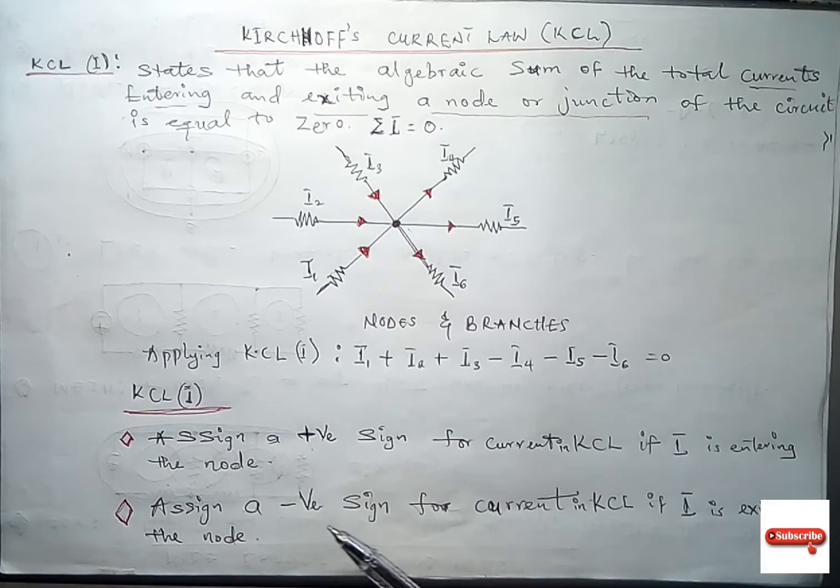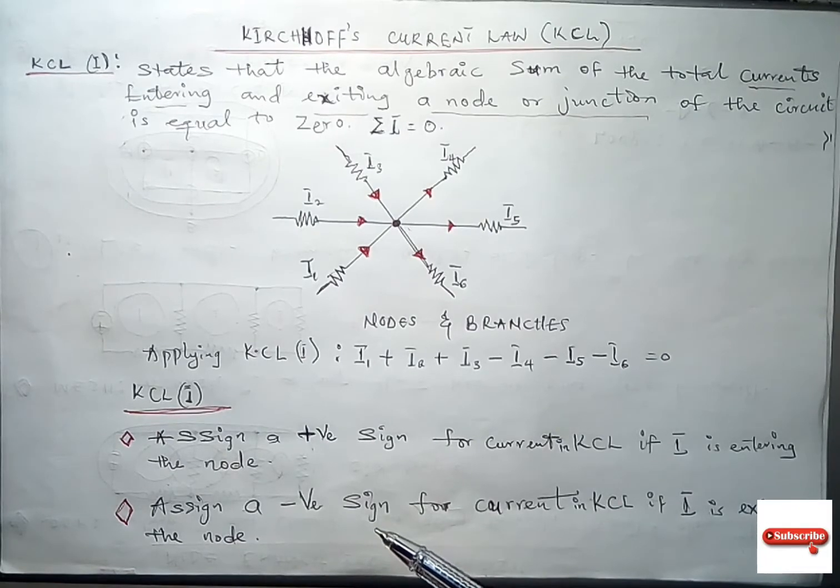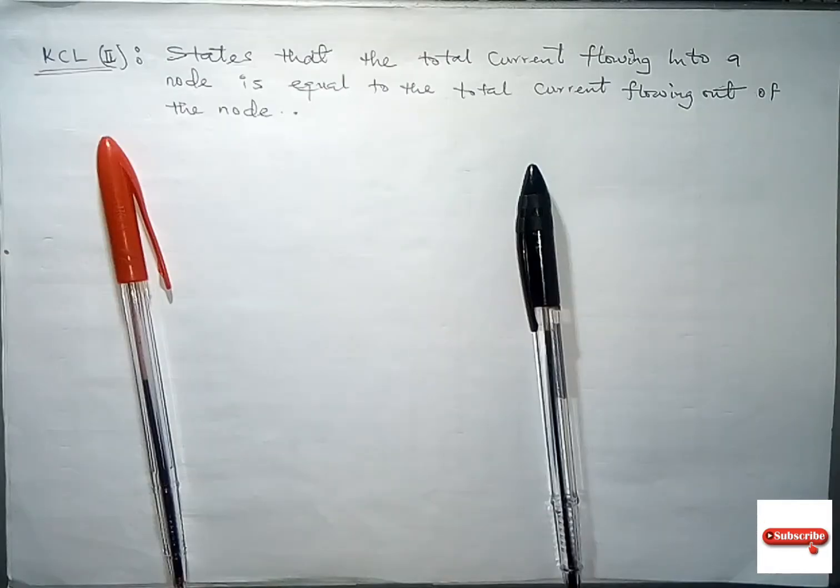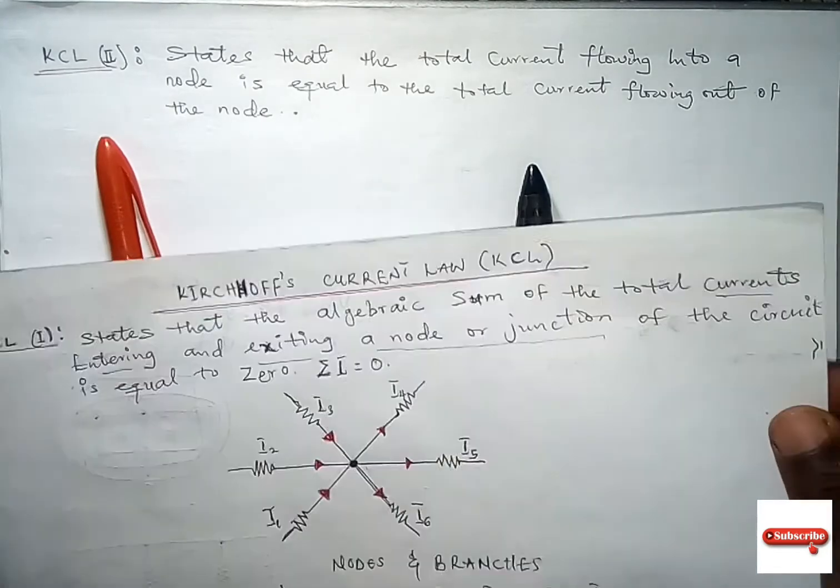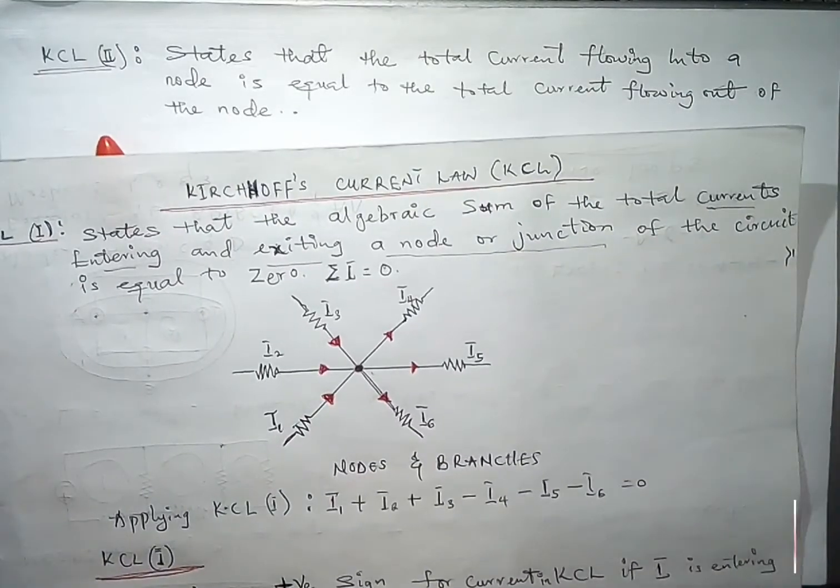Now, without wasting much of our time, let's move to the second part of the KCL, using the second method. This is the second part of the KCL, which we can regard as the second method. It states that the total current flowing into a node or junction is equal to the total current flowing out of the node. This is a little bit the same as what we have here, so we can use this method.